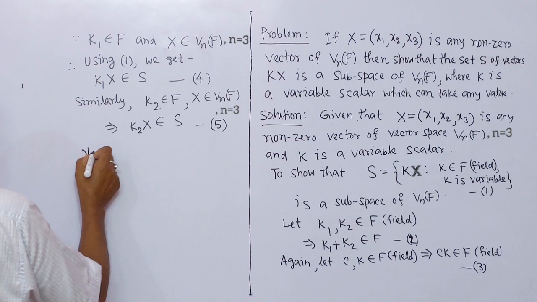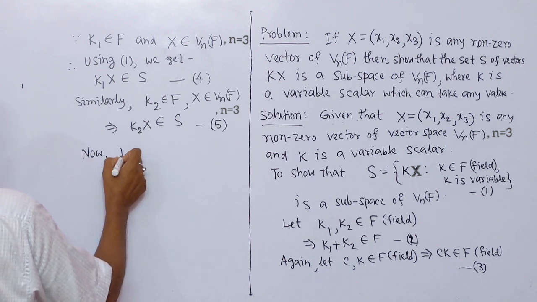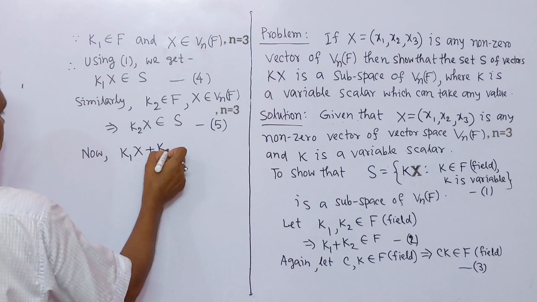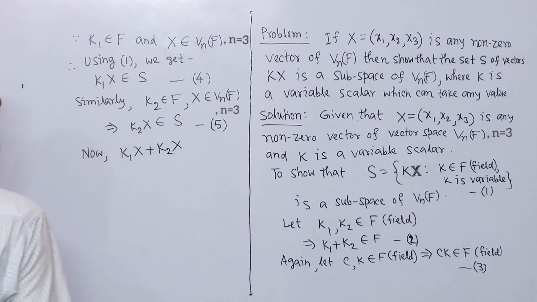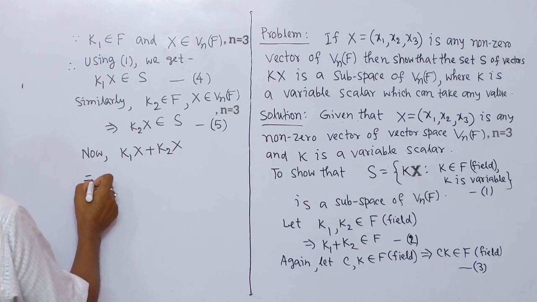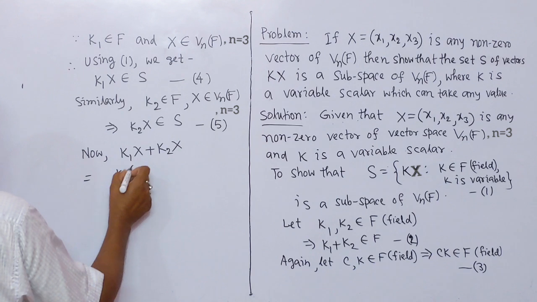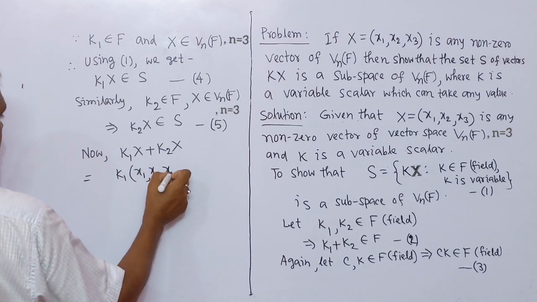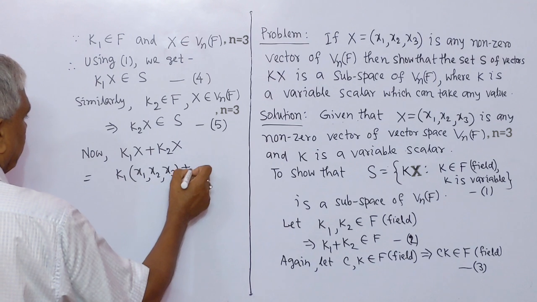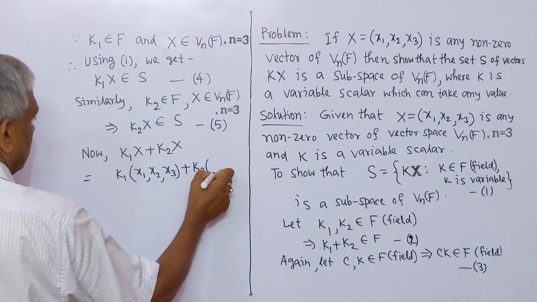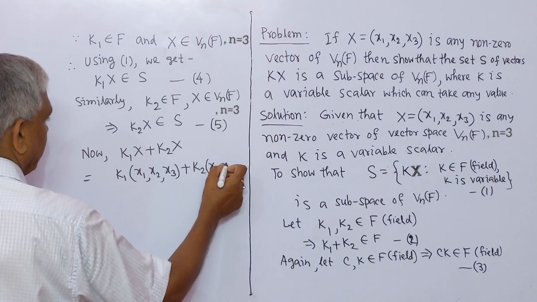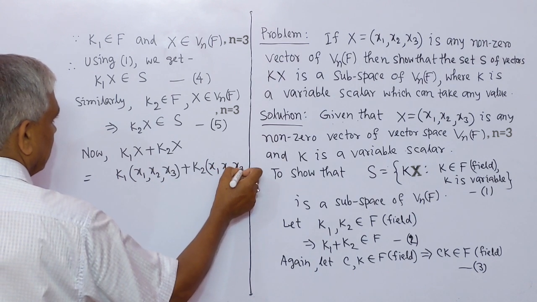Now, K1X plus K2X equal to K1X means X1, X2, X3 order triplet plus K2 capital X equal to order triplet X1, X2, X3.